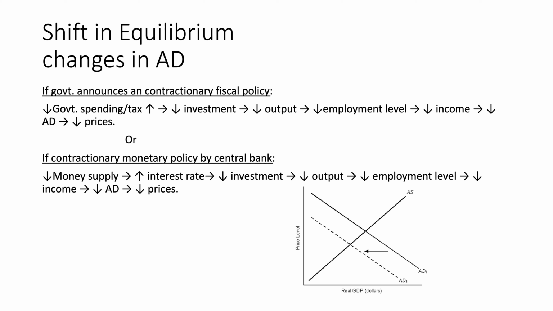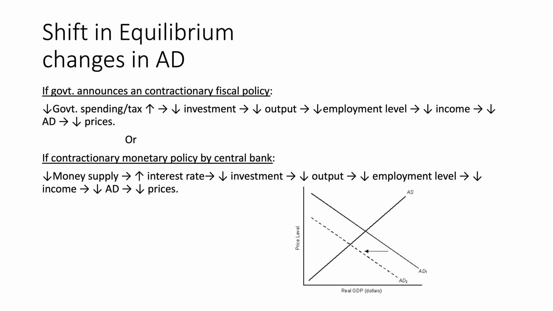In the same manner, if there is contractionary monetary or fiscal policy, aggregate demand reduces and there will be a downward shift in aggregate demand, which shows lower output, lower income, lower prices, lower aggregate demand in the market.